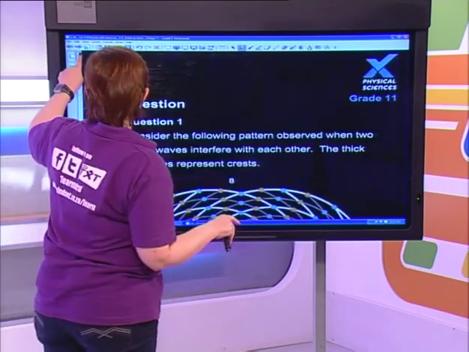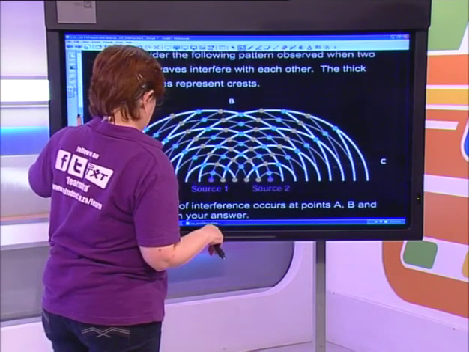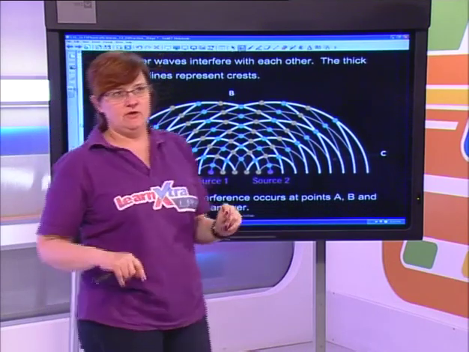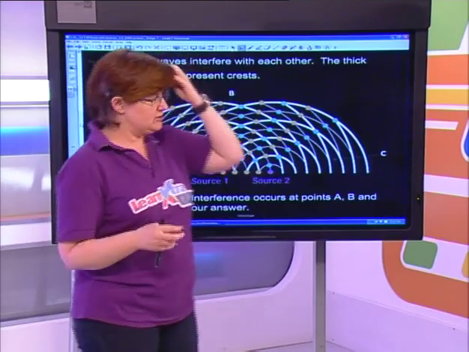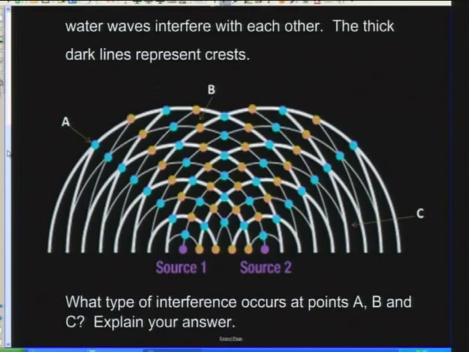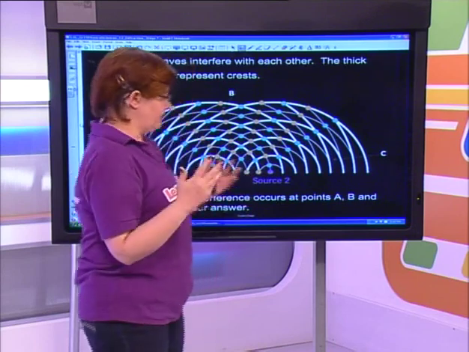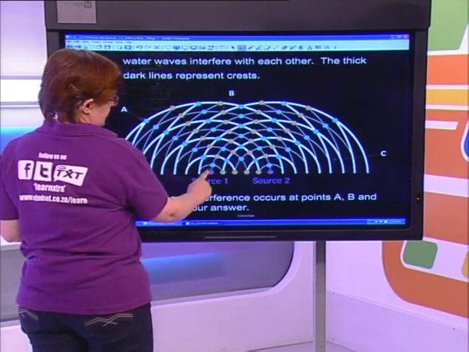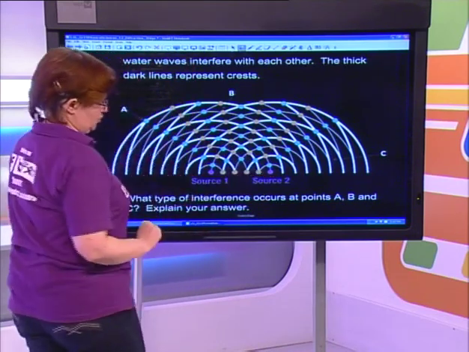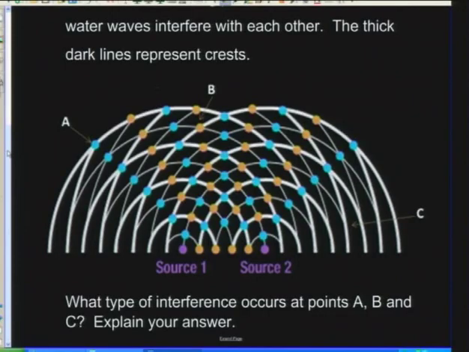So that gets us to a question. Now this is an interesting pattern for you guys, okay? What we have here is two water waves that are being produced at the same time. For example, here's my source 1, it's the purple, and source 2, which is also purple, okay? And they create waves.